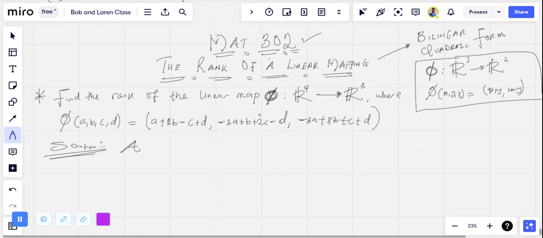You need to look for the matrix representation of the linear map phi. So how are you going to look for that?